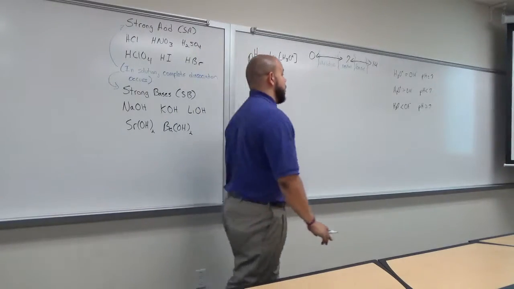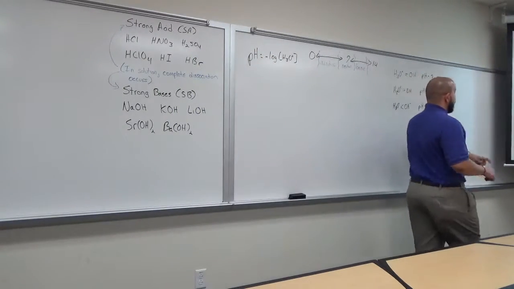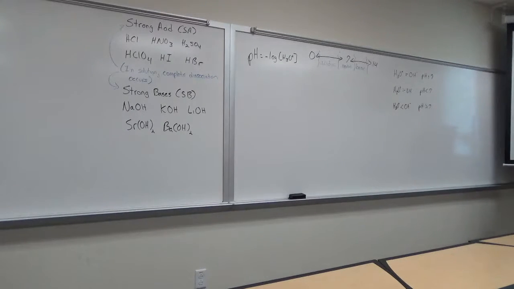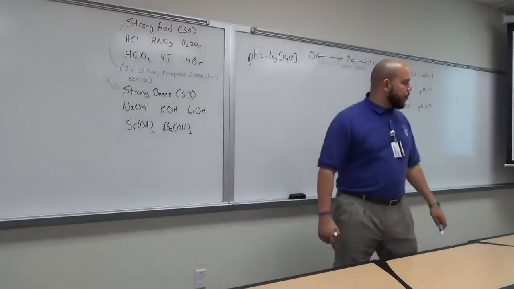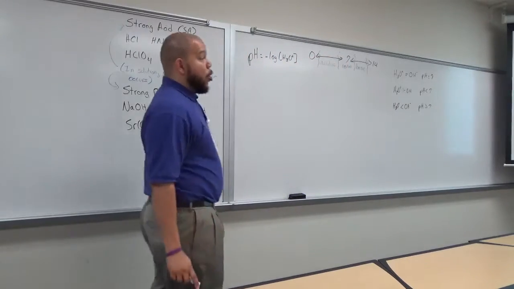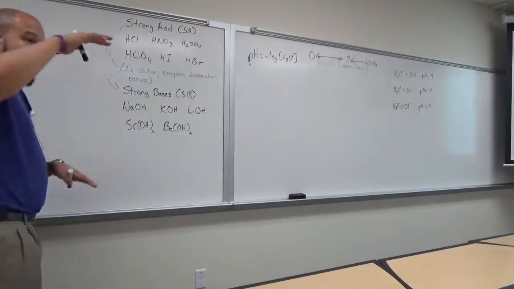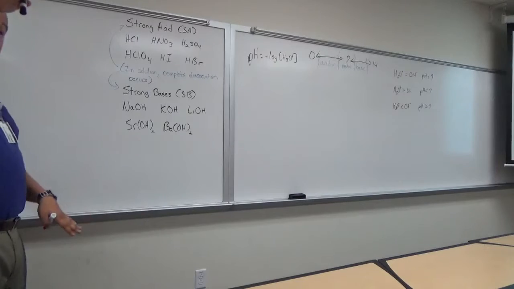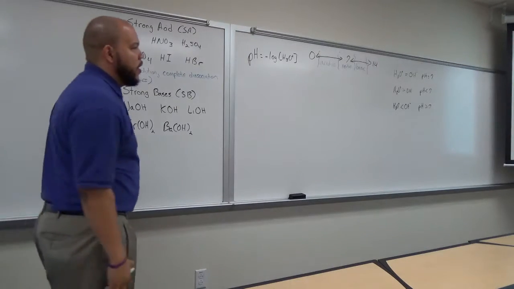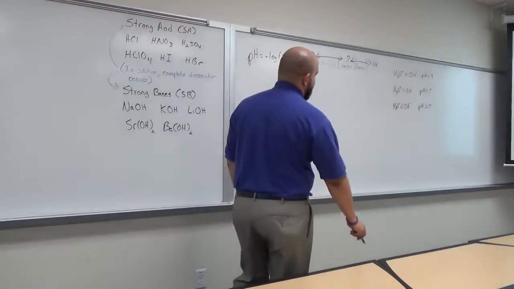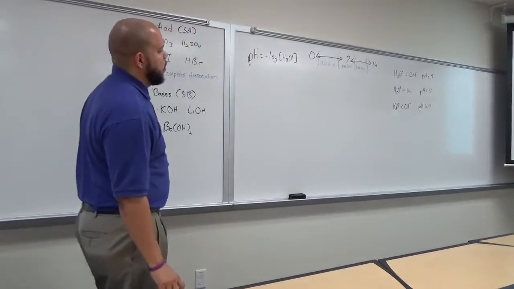If you notice down here at the bottom, they've shown you a strong acid, a strong base, and water, and notice that the Kw for all of these, if we were at 25 degrees Celsius, is the same for each. Kw doesn't change. What does change is OH minus and H3O plus, and as one shifts, the other shifts up or down. They are intrinsically related when we're talking about water.